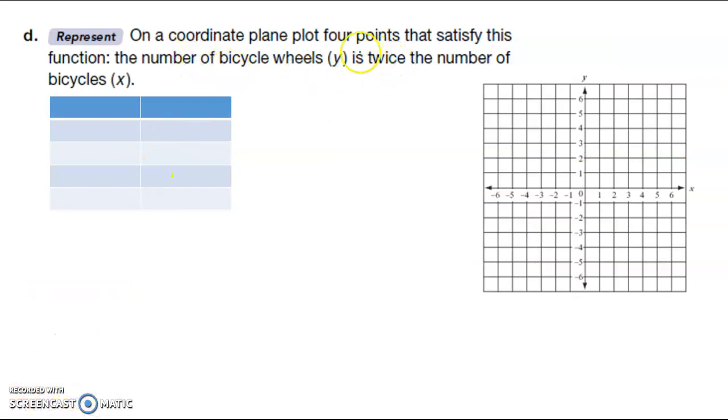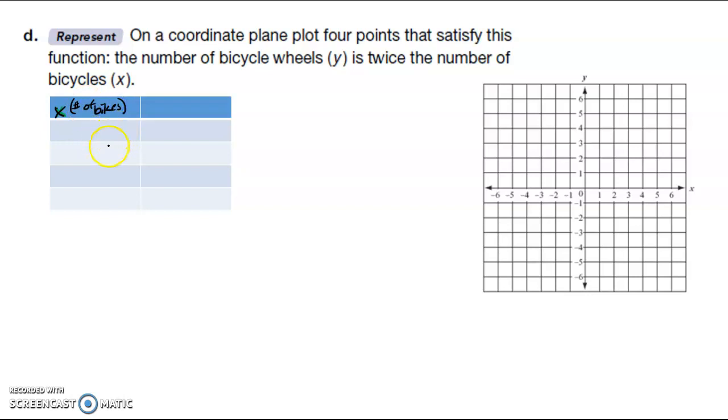Okay, on a coordinate plane, plot 4 points that satisfy this function. The number of bicycle wheels, y, is twice the number of bicycles, x. Okay, so x is your input. You can't see that. Let me try a different color here. Let's try that. So x is your input, much better, which is number of bikes.